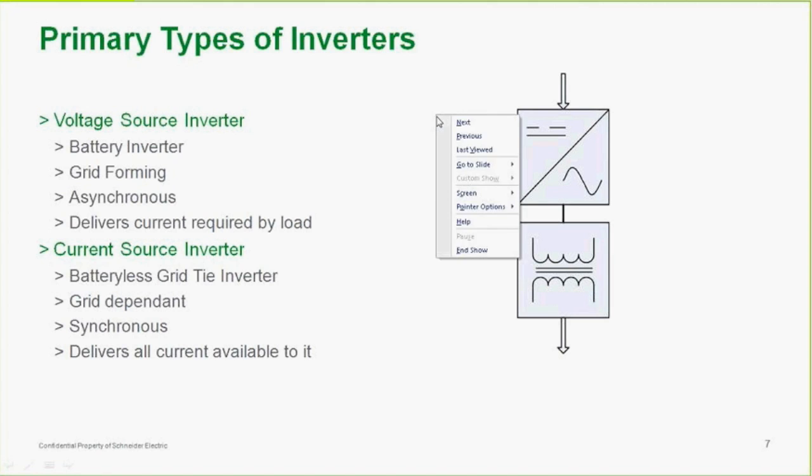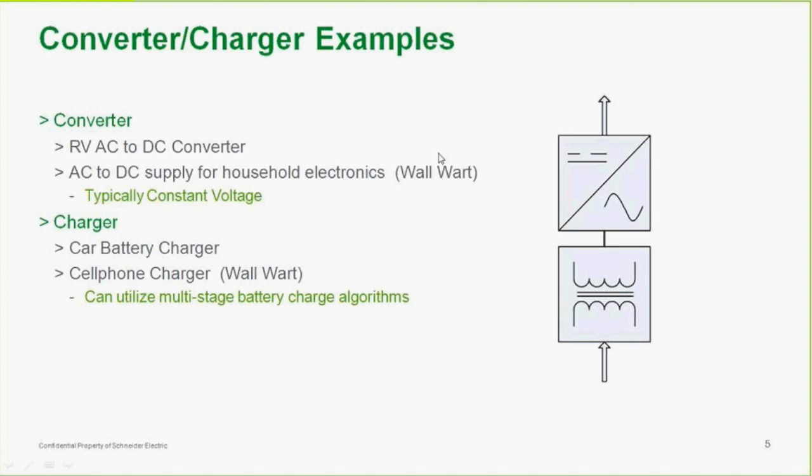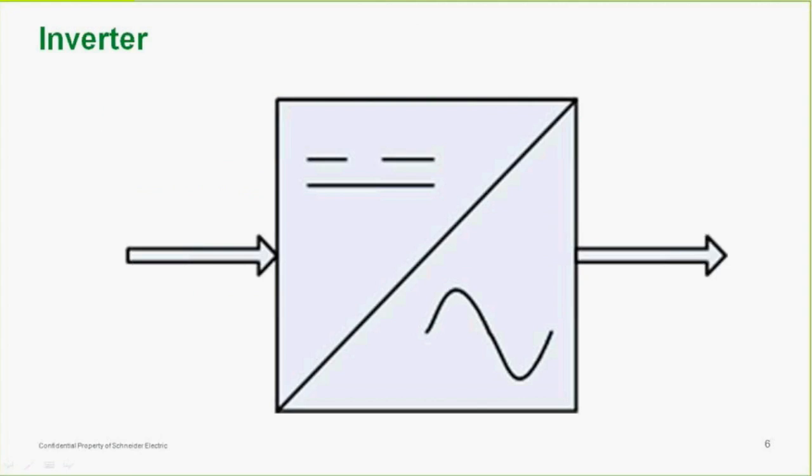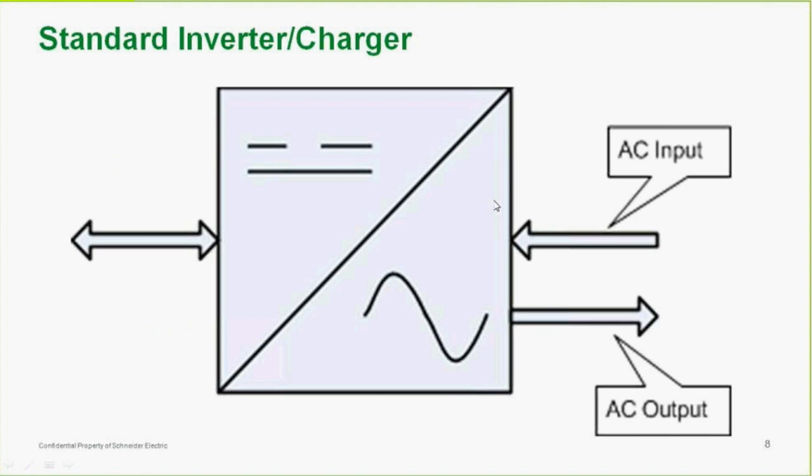If you notice, it's the exact opposite, looking from the power electronic standpoint, of our charger. So from a power electronic standpoint, these two devices are very similar. There's logic involved, and there's brains and CPUs and things that make things happen, but from a power electronic standpoint, these are very similar.